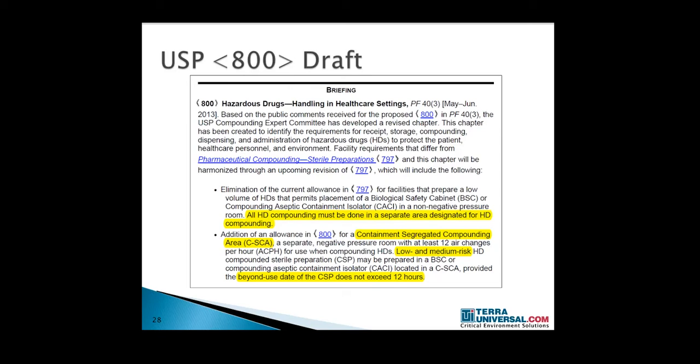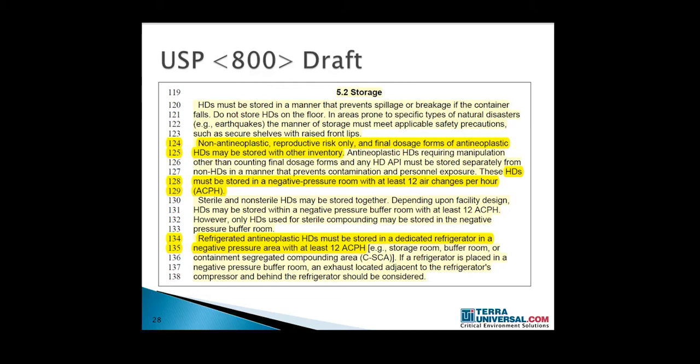To further complicate matters, hazardous drugs will also need a dedicated negative pressure storage area, with a few exceptions noted. You can see here the specific storage exemptions in the first highlighted sections on lines 124 and 125. Because the language here is very specific, we think it's unlikely to change significantly in any final revisions.